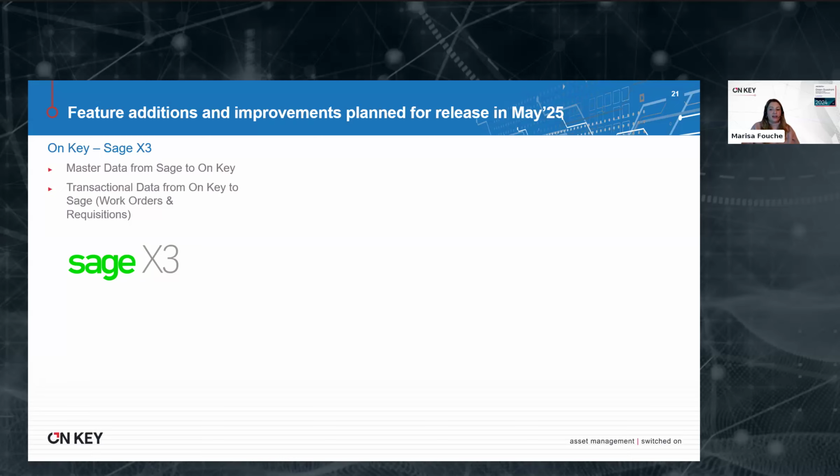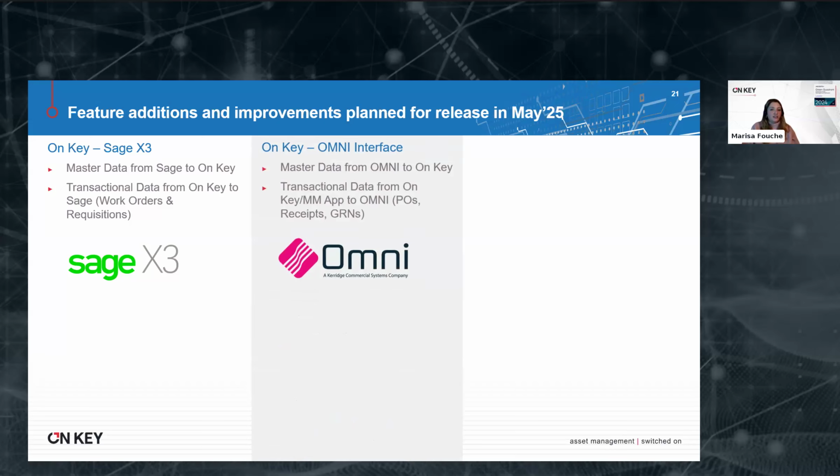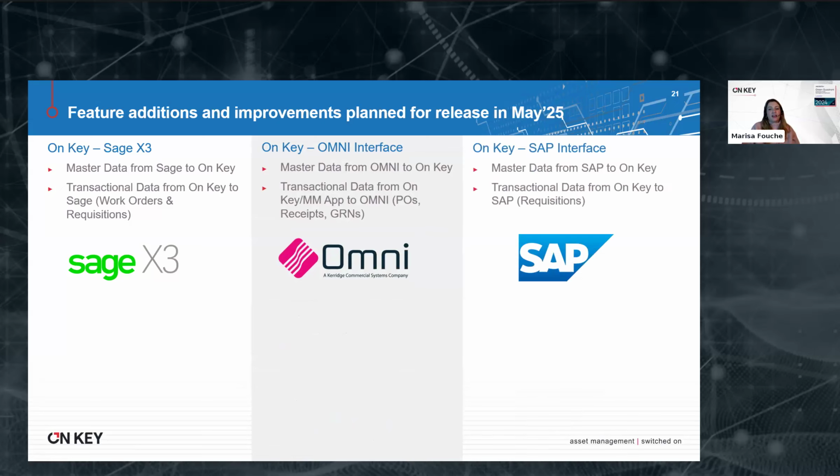And then next we have an OnKey Omni interface, similar, where the master data syncs from Omni to OnKey, and then the transactional data flows mainly from the MM app, the Material Manager app, going to Omni again. And then lastly, we have an OnKey SAP interface. This interface enables seamless integration of requisitions from OnKey to SAP. And that is it from the integrate side.